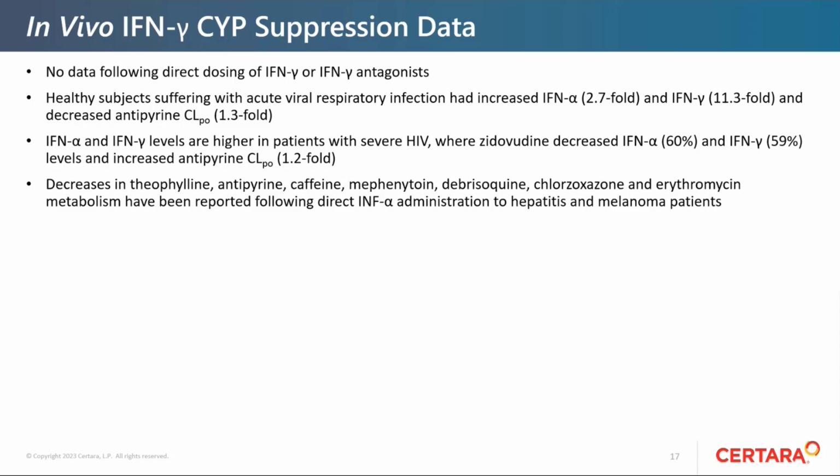However, again, I want to mention that other cytokines such as IL-6 are also increased in these diseases, and that changes in antipyrine clearance in subjects with respiratory infection or HIV patients treated with zidovudine are generally more limited compared to the changes in rheumatoid arthritis patients given IL-6 receptor antagonists. Therefore, it is unclear if interferon alpha or interferon gamma are the main cause of the CYP suppression or not.